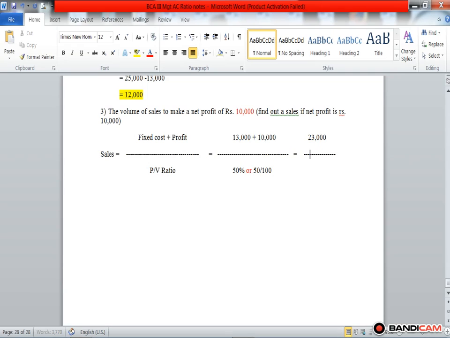So 23,000 divided by 50% or 50 upon 100. Divided by 50% means the sale value.